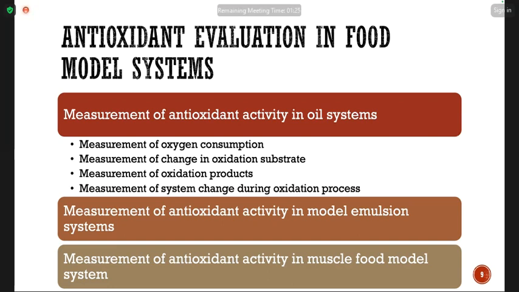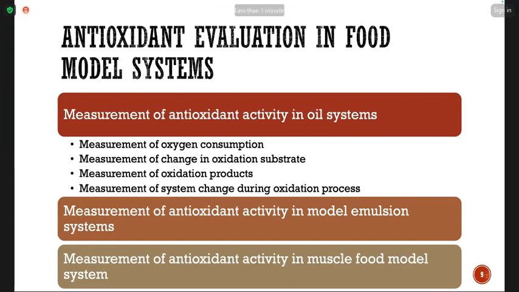You can find it by using oxygen consumption, then calculate the change in oxidation substrates. Also, you may measure the oxidation products as well as the system change during the oxidation process.